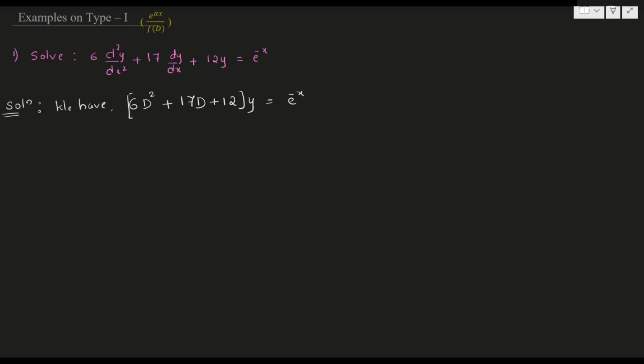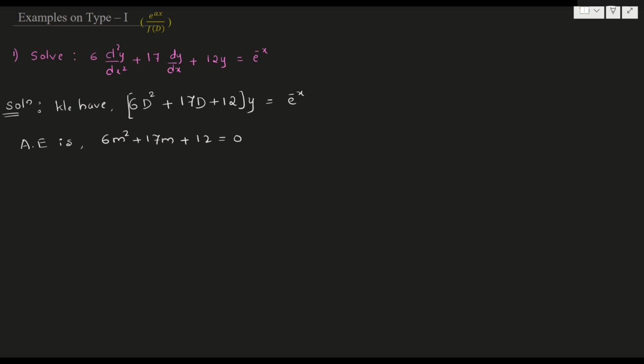Once we have converted the given differential equation into this form, we have to write the auxiliary equation. Auxiliary equation means in place of D we write m. Then the auxiliary equation is 6m square plus 17m plus 12 equal to 0.